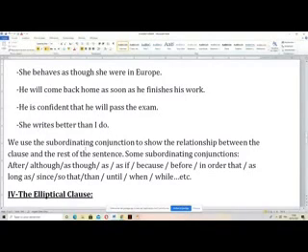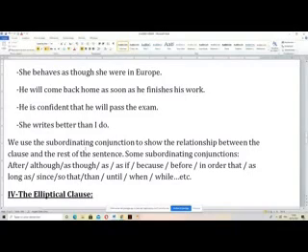We have other subordinating conjunctions like before, in order that for purpose, as long as for time. Since may be a reason: since I was ill, I didn't go to school. Here since is a reason, or it can be an indicator of time, like since I was a child, where we have another adverb clause showing time.